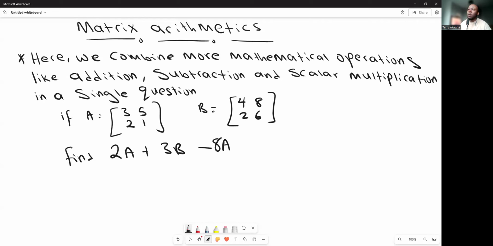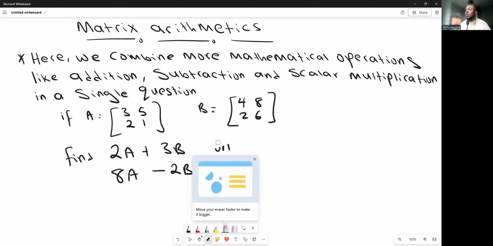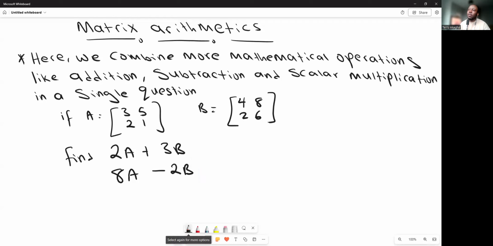Or you can be told to find 8A minus 2B. And at the end of the day, you then have to solve to get the answer. So you can see we have scalar multiplication because you're going to multiply 2 and A. Then you can have addition and subtraction.